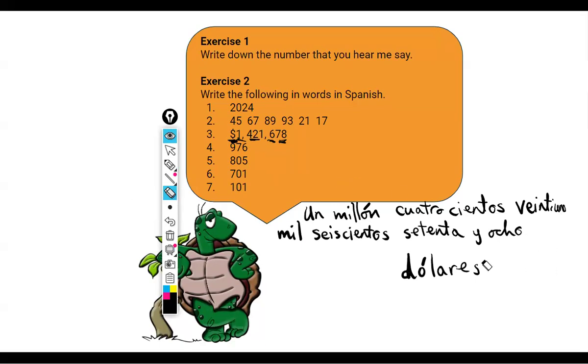Because dólares is a masculine noun, but dólares, right? It's plural here, but it's a masculine noun. So veintiuno gets shortened to veintiún. And we put an accent to keep the stress on the U, right? So it becomes veintiún.